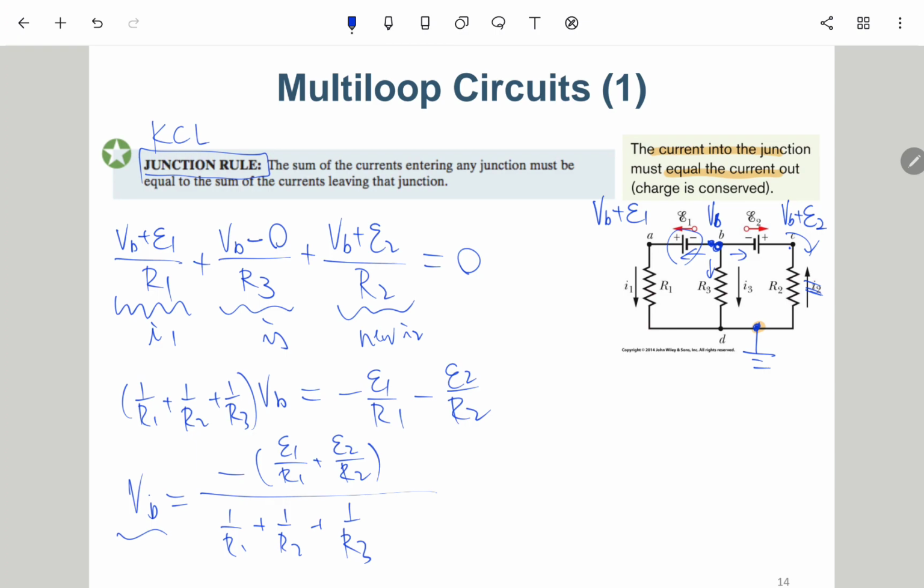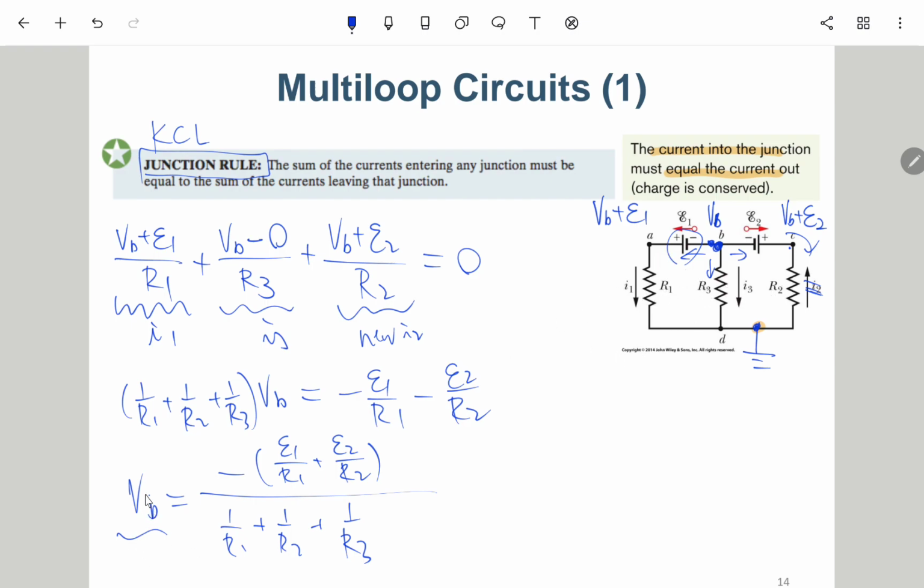For this circuit, if you know the value of VB, then you can quickly know VA. VA will be VB plus E1, and VC will be VB plus E2. After you know all the node voltages, you can also quickly find I1, I2, I3.